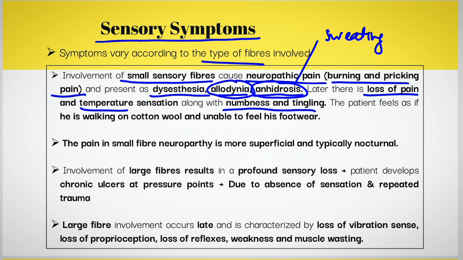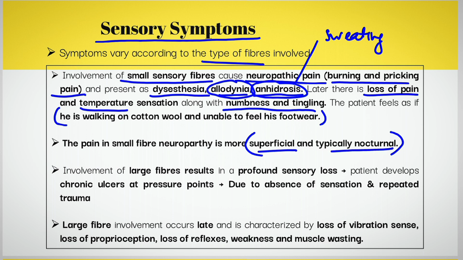In such a condition the patient will feel that he is walking on cotton wool and is unable to feel his footwear. This small fiber neuropathy is usually more superficial and usually felt during the night time; they are nocturnal.